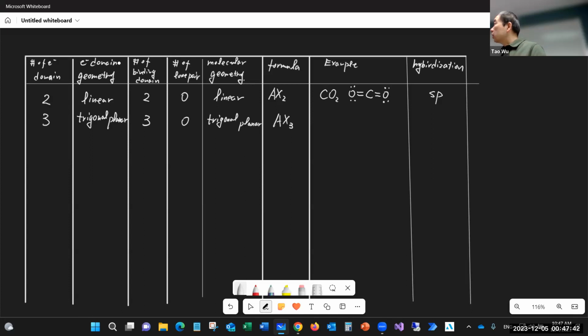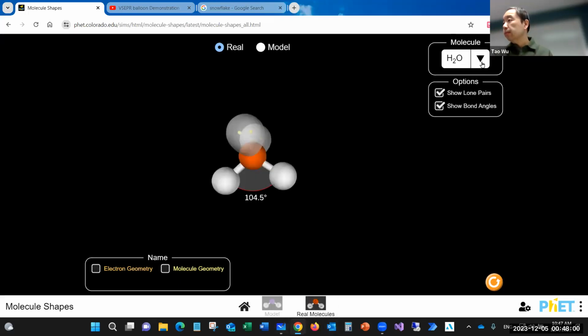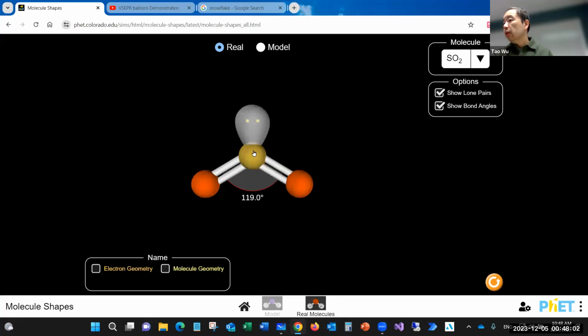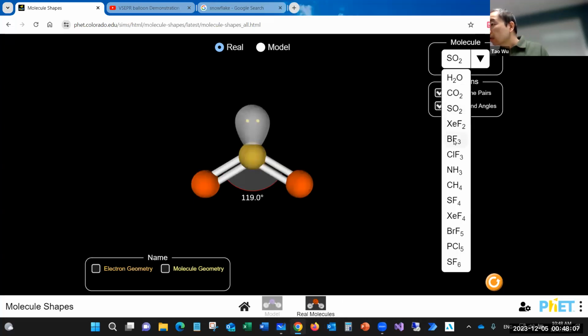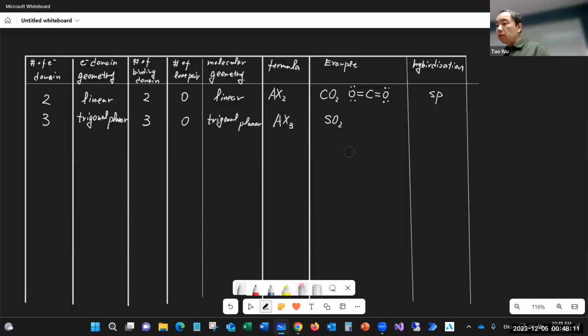One of the examples for this one is BF3, boron trifluoride. Sorry, sulfur dioxide is another.